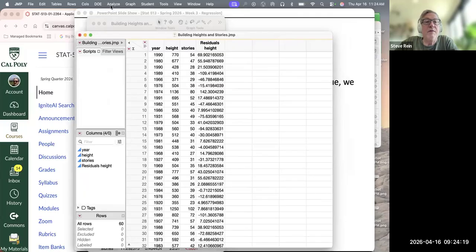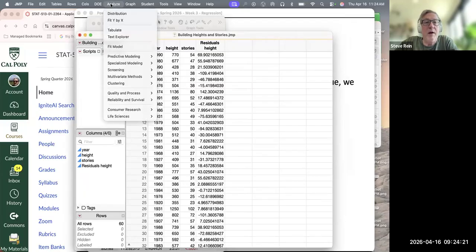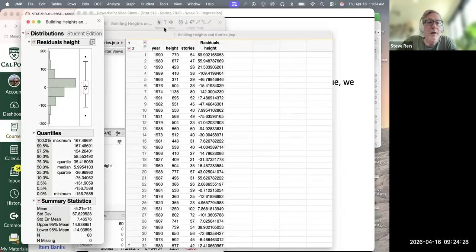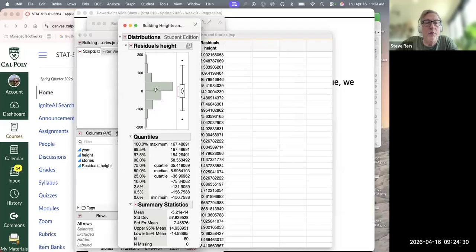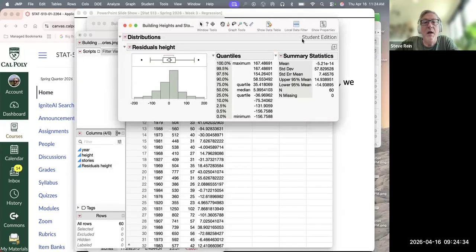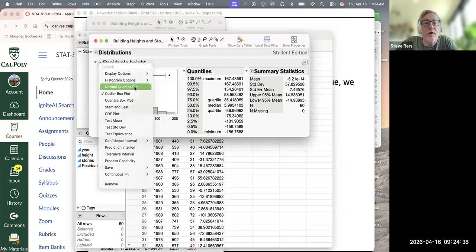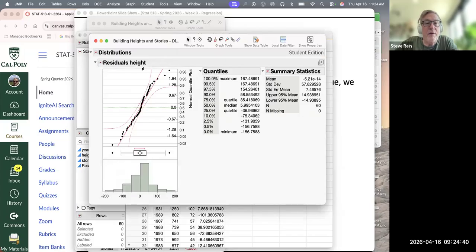And I'm going to just investigate in one way the distribution of those residuals because we said they should be normal. Do we have normality? Well, I don't like this vertical formatting. I just like to stack it up because it looks better to me. You do you. I turn on that normal quantile plot and graphically, straight line, pretty close.